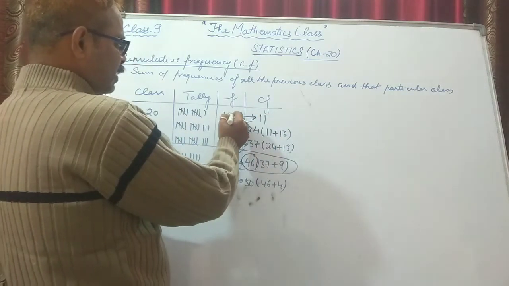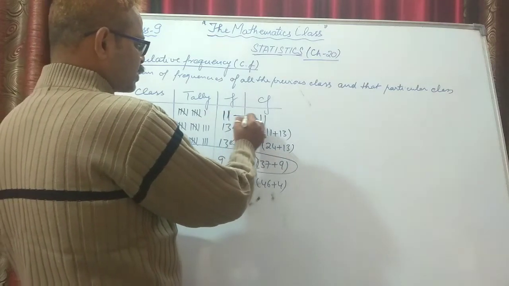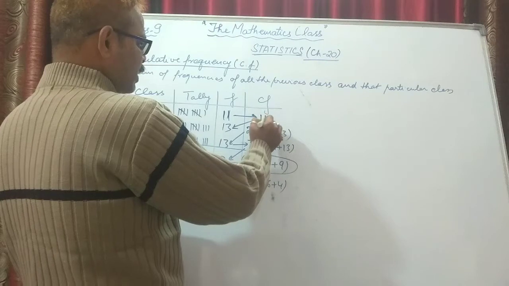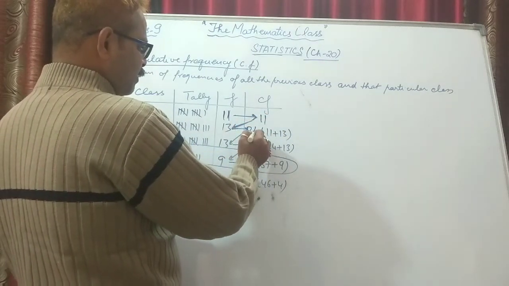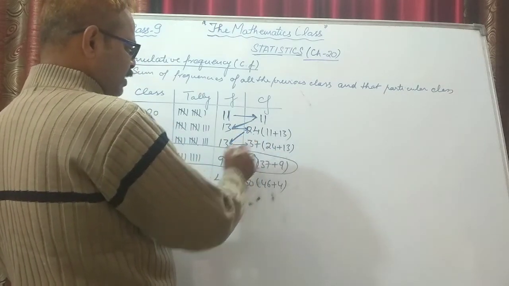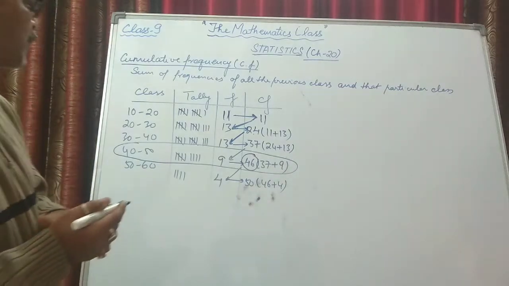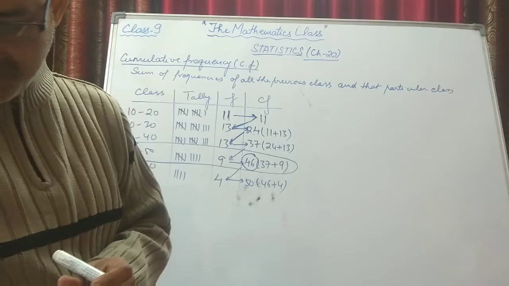So remember, in a frequency table, the first frequency is written as it is, then we add the second one, and the total is the cumulative frequency of the second class. Again it is added for the third class, and so on.